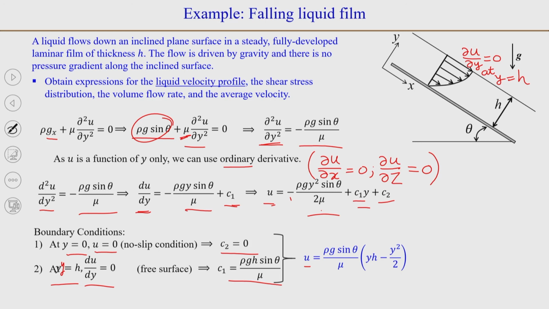So, from here we will get y h minus y squared by 2. Okay. So, that is our velocity profile in the liquid film, which gives us the variation in u with respect to y.